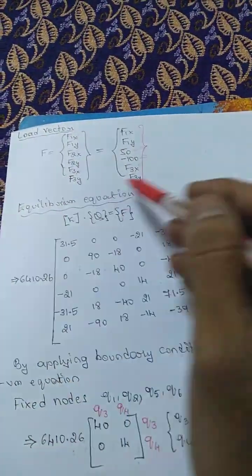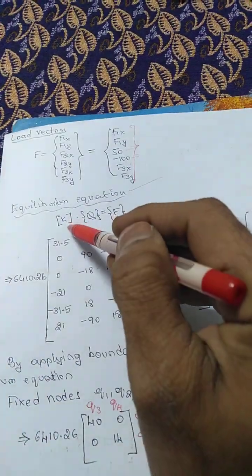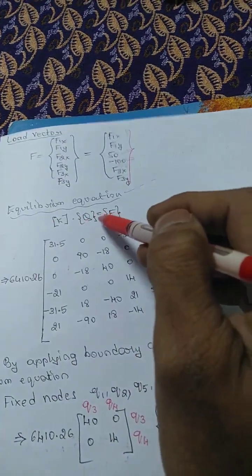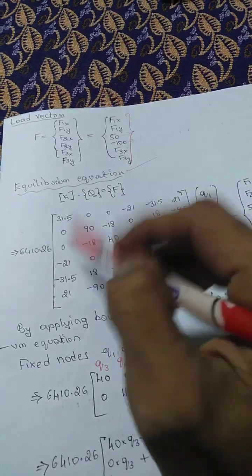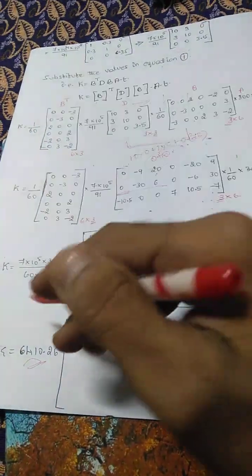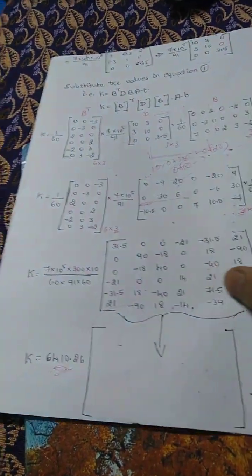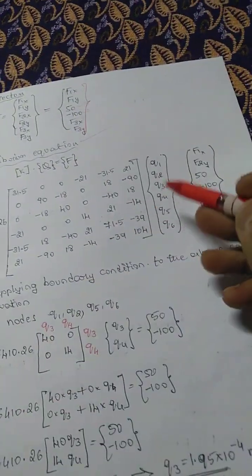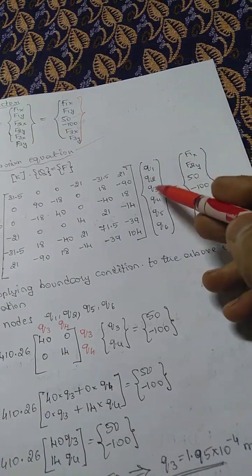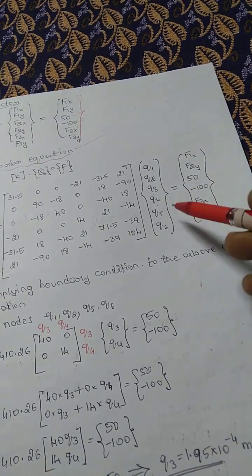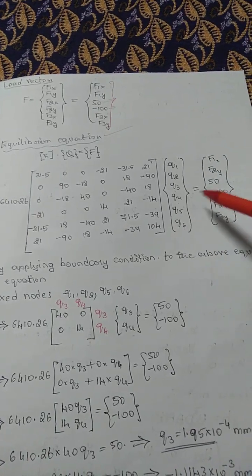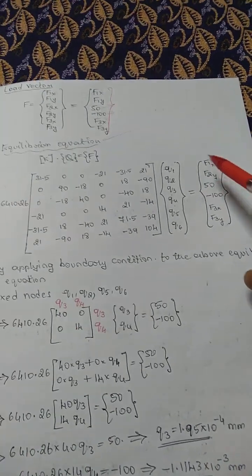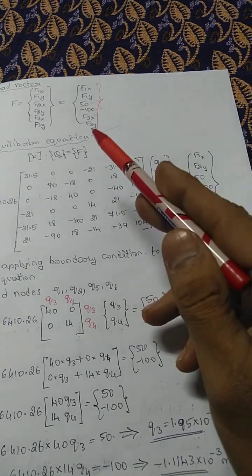So the equilibrium equation, we know that K into Q is equal to F. So K value, you know it here, this entire is K. And next, Q are displacements, Q1, Q2, Q3, Q4, Q5, Q6. I have mentioned the displacement in the sketch. And the next is this one, the load vectors.